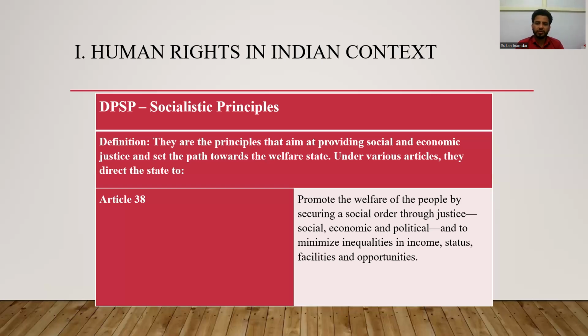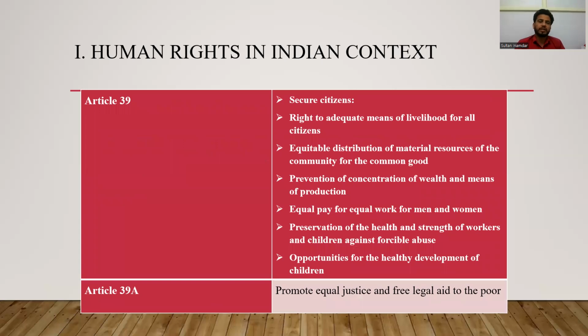Whatever inequalities are there, whatever status differentiation is there, that is supposed to be eradicated. One more article, Article 39, deals with securing for citizens the right to adequate means of livelihood for all citizens. It says that every citizen has the right to earn their own livelihood, and there should be equitable distribution of material resources so that the common good can be achieved.